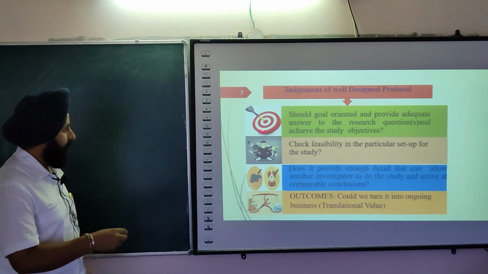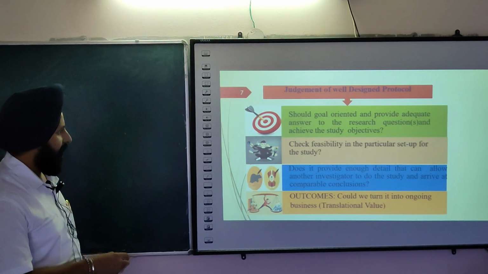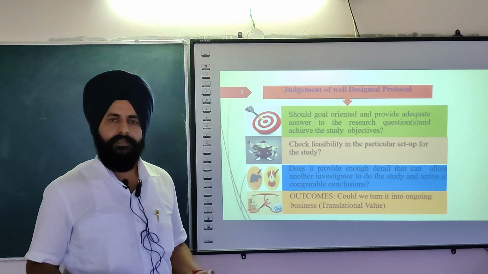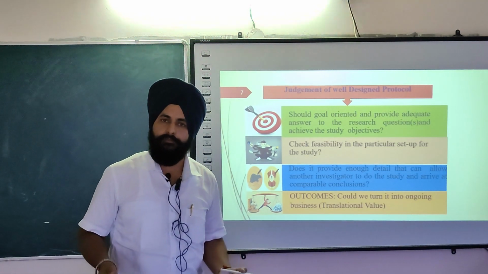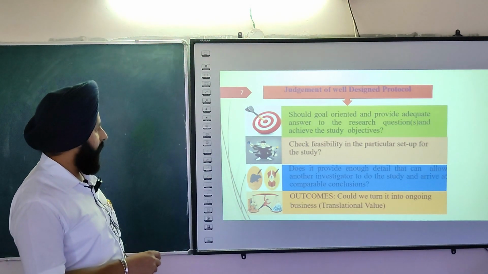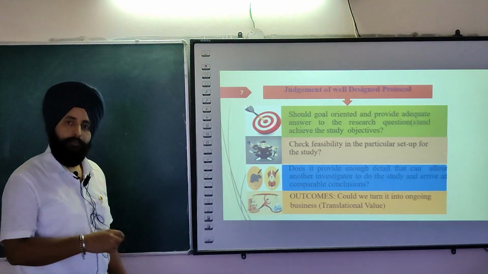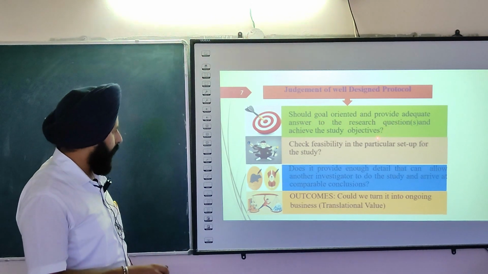If you focus your research, it should be at a particular target level. Suppose many times students say, sir, we are doing research in this area, so how should we write a review article? You should write the review article around your research area, so that it can also support your research. So there should be a goal orientation.